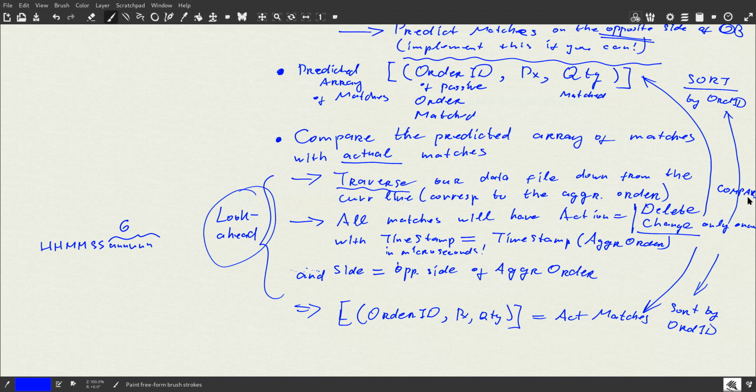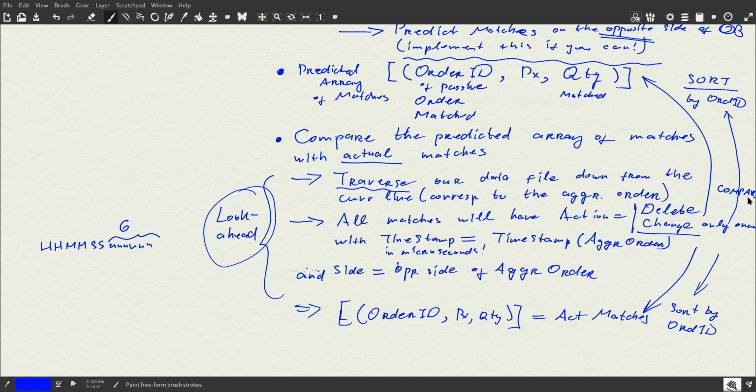So working with predicted matches is a very, very important story. Also, with the Moscow exchange, how we do this is relatively easy because we can rely on timestamps.